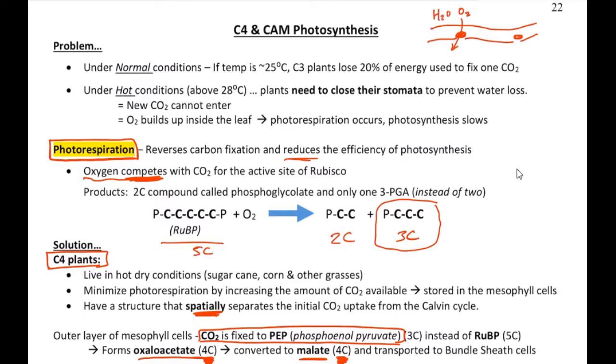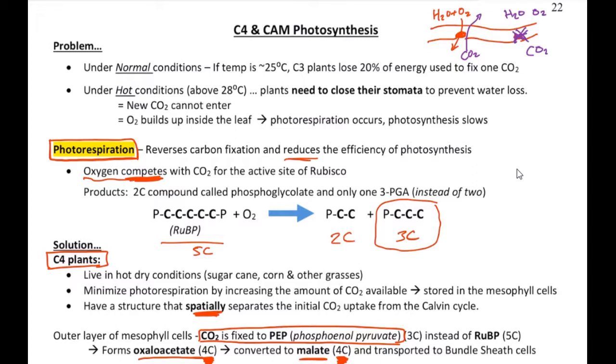This is normal. And then normally I have CO2 coming in, right? But when I have to close off the hole because I'm tired of losing water, the water stays inside, the O2 stays inside, and the CO2 stays outside. I cannot transfer them. If I have CO2 stuck on the outside, I can't use it to fix carbon. And I have all this O2 building up, causing photorespiration.